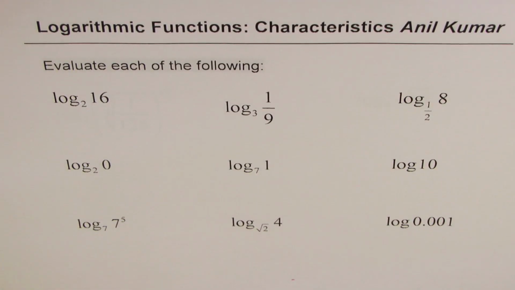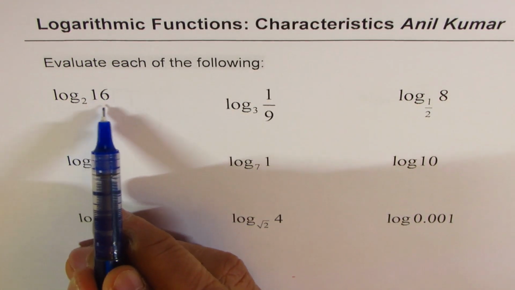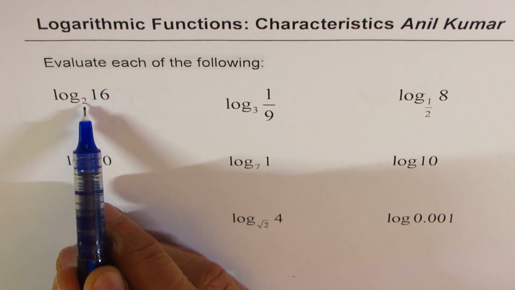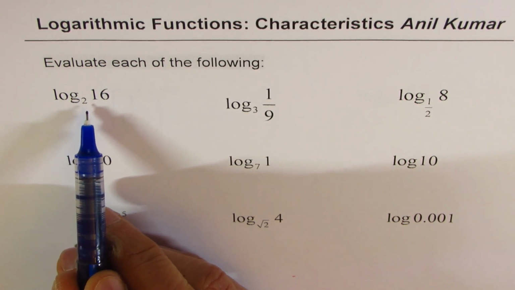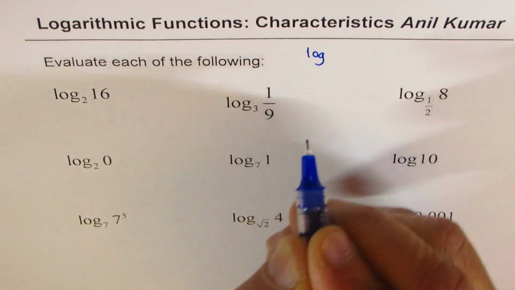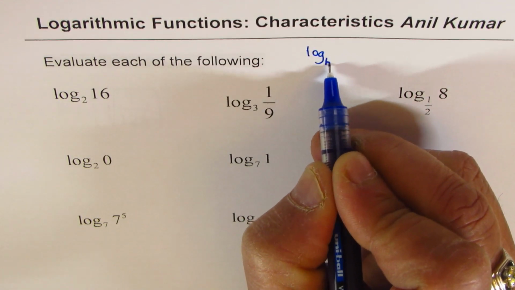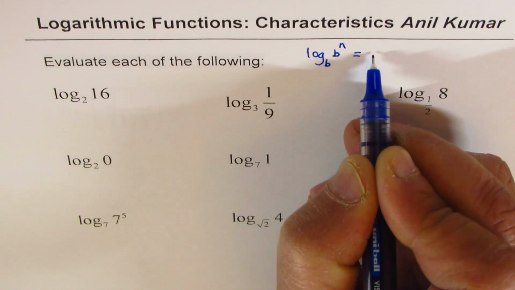Now let us try to understand how to evaluate logarithmic functions. The idea here is to write the value of x in terms of its base, and then it is very, very easy to evaluate any logarithmic function, right? So the property which we are going to use here is that if we have log to the base b of b to the power of n, then the answer is n.